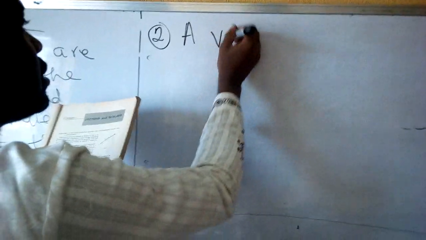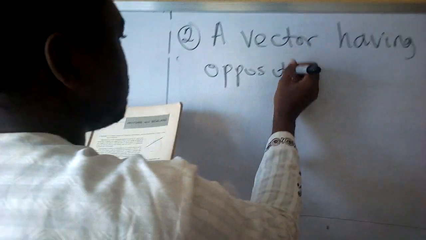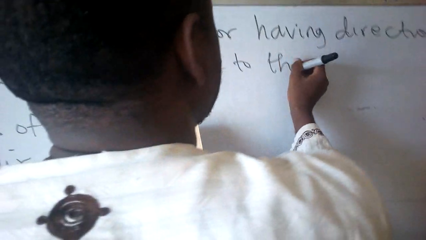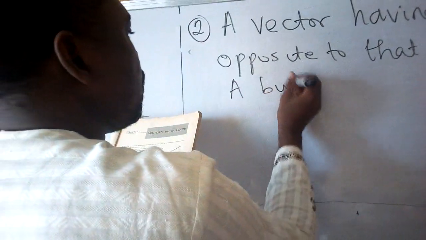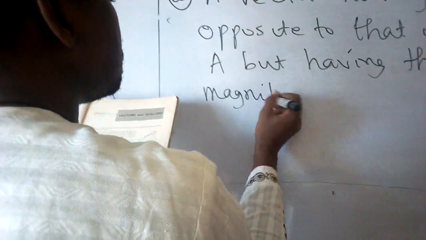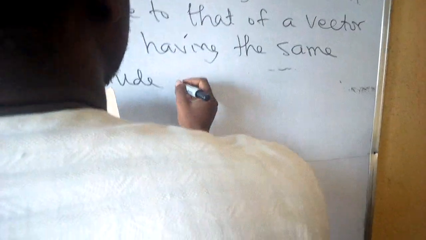A vector having direction opposite to that of a vector A, but having the same magnitude is denoted as minus A.